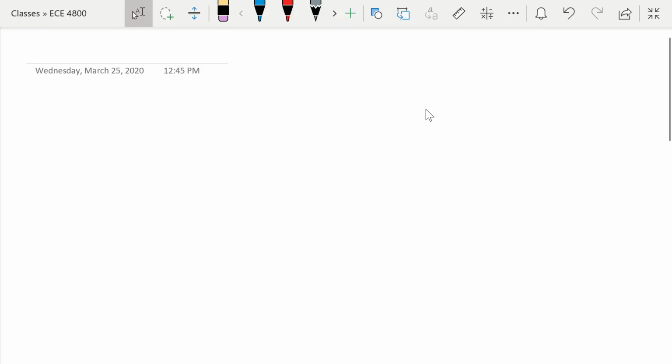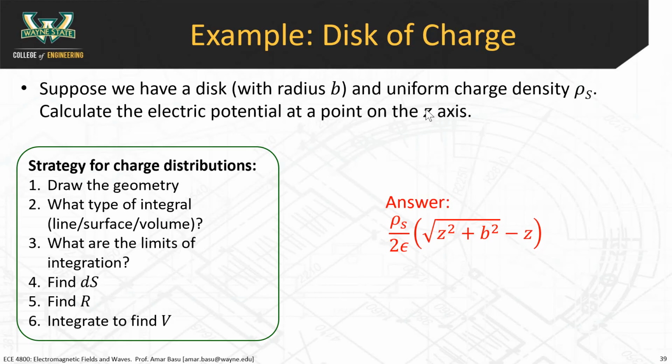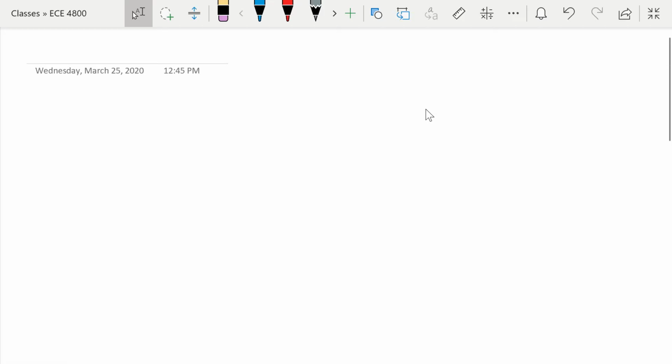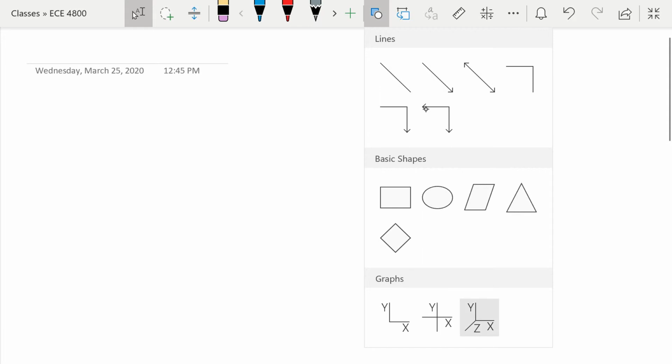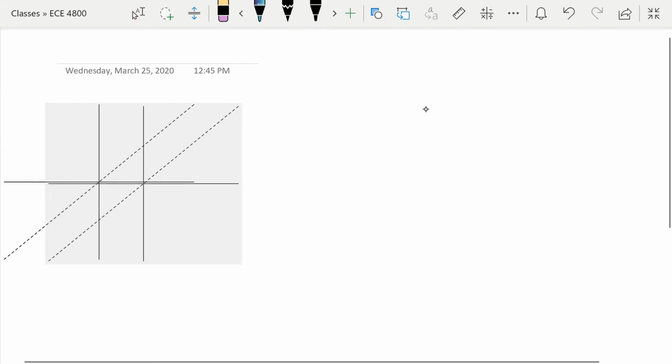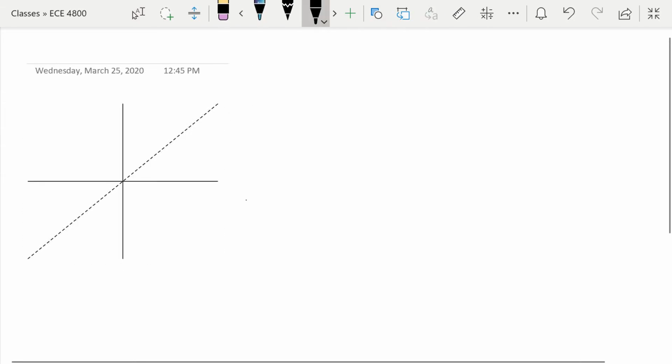So what we're given here is we are told that there is a disk of charge with radius b and the uniform charge density rho sub s. And we're asked to calculate an electric potential at a point on the z-axis. So here's how we're going to draw the problem. All right, so here's my x, y, and z axis.